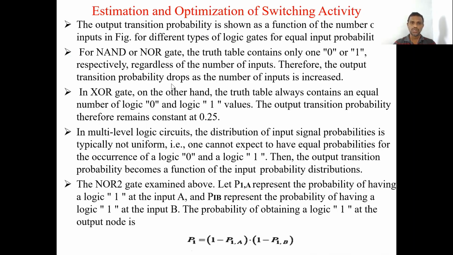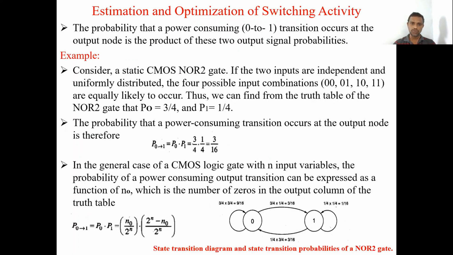Therefore, the output transition probability drops as the number of inputs increases. I have given the justification for that from this equation.